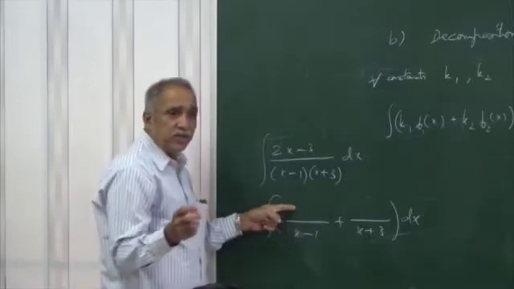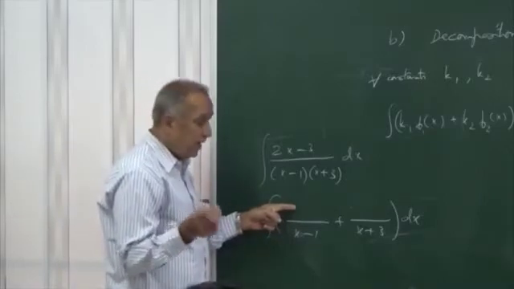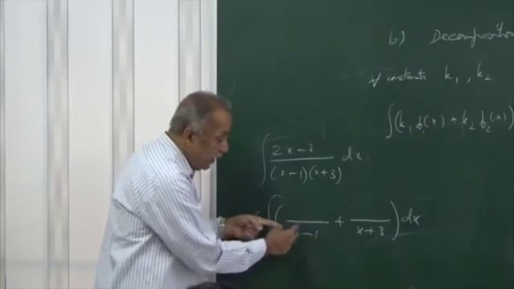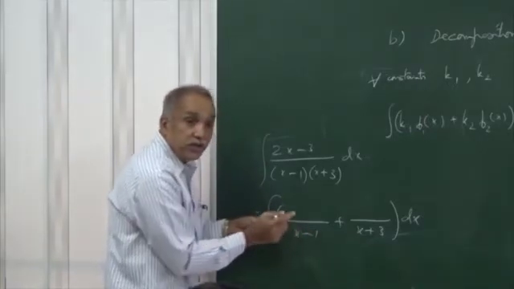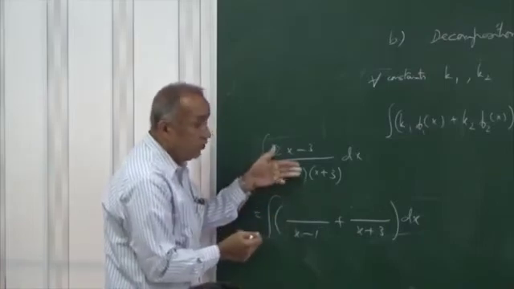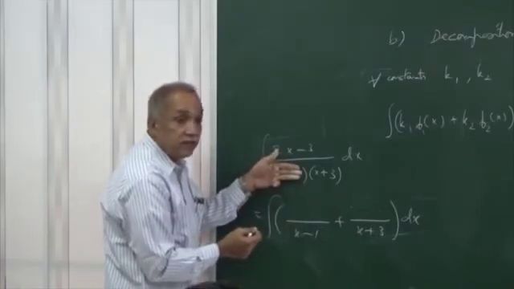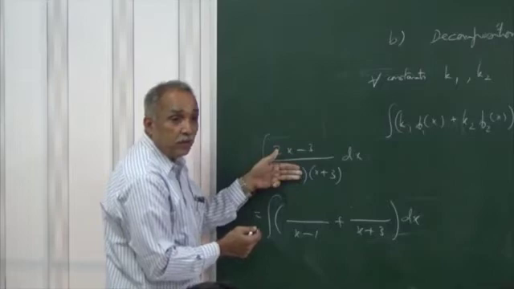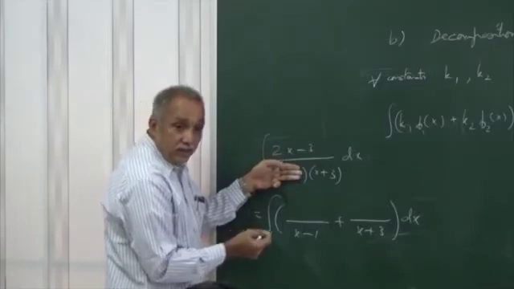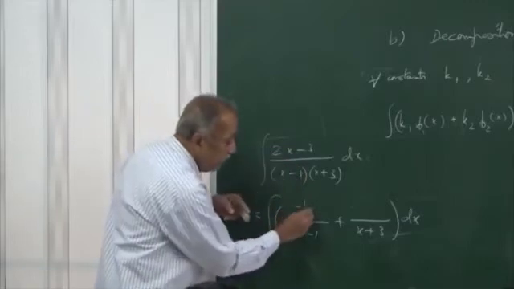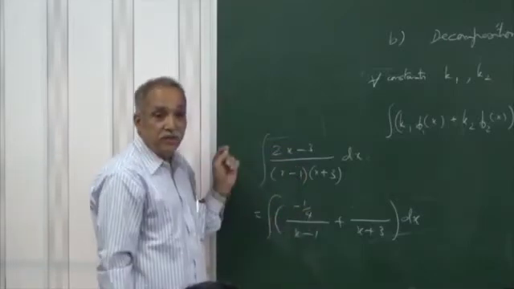What you do is simply apply the value at which this vanishes. At which point does this vanish? x equal to 1. Apply that value everywhere except in this factor. What do you get? This is the numerator.